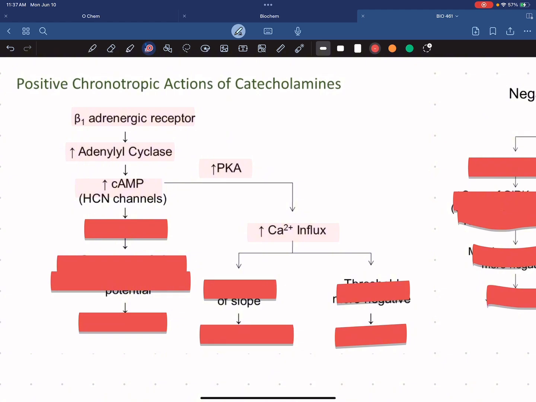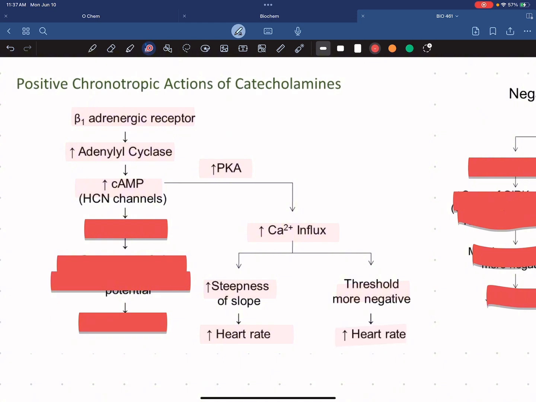This increase in calcium influx in chronotropic actions, as opposed to inotropic and lusotropic, causes an increase in the steepness of the slope, and the threshold will become more negative, so our heart rate will increase.